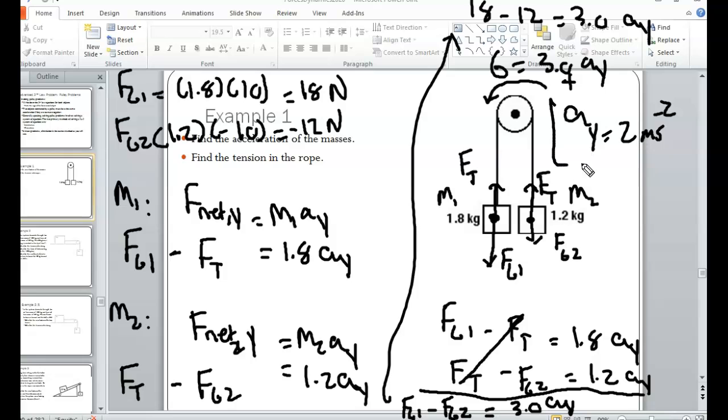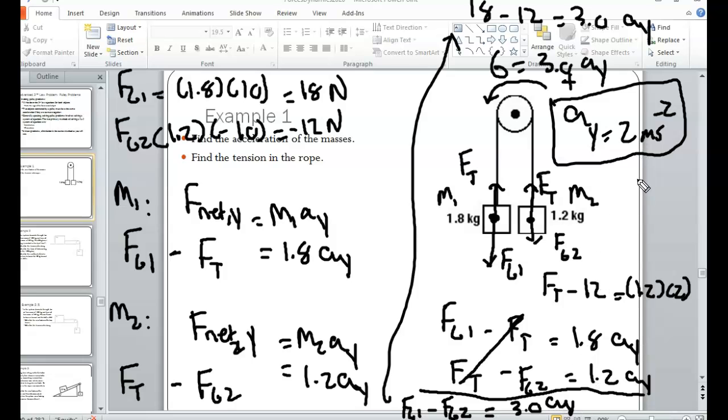Okay, so here is one of my two answers. And I can solve for another one. Let's say I plug in ay to the second equation down here. I'm running out of space here, but FT minus FG2, which was 12, equals 1.2 times 2.